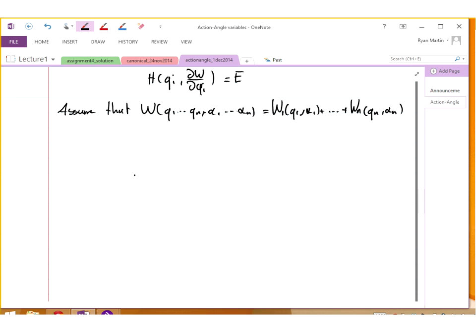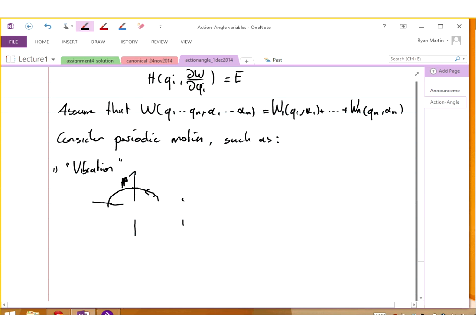If I draw a diagram in phase space of the kind of motion that we call vibration, in a one-dimensional case where I draw q and p, then vibration is a motion where in phase space you have a closed loop. So a simple harmonic oscillator is an example of a vibration type of periodic motion. Both the coordinates and the momentum return to their initial value.